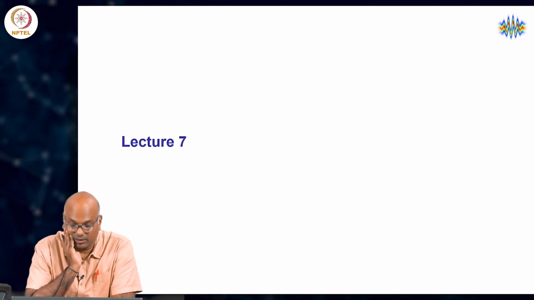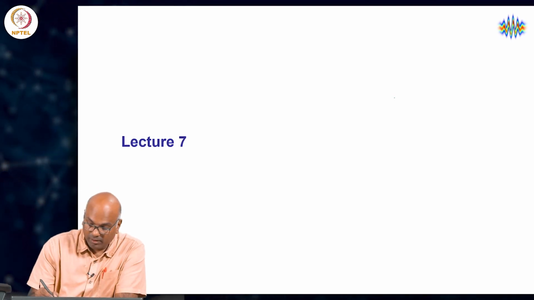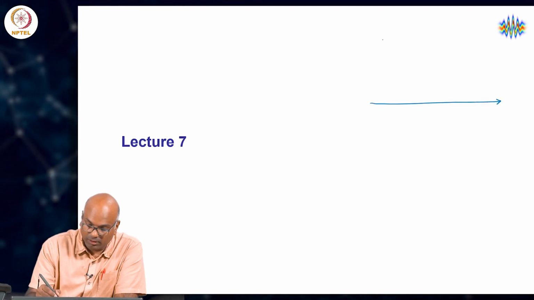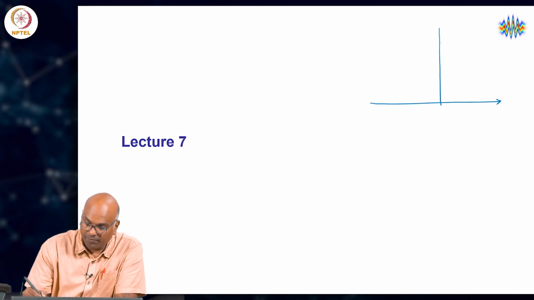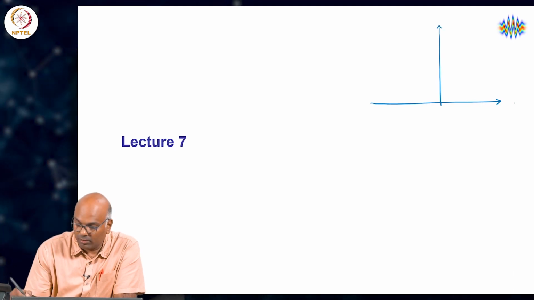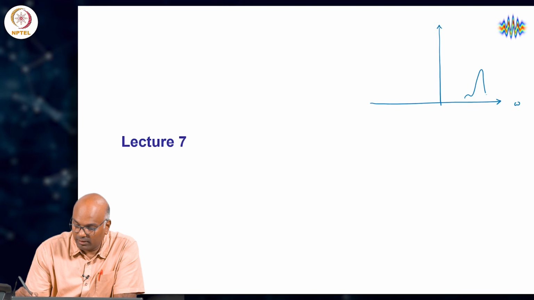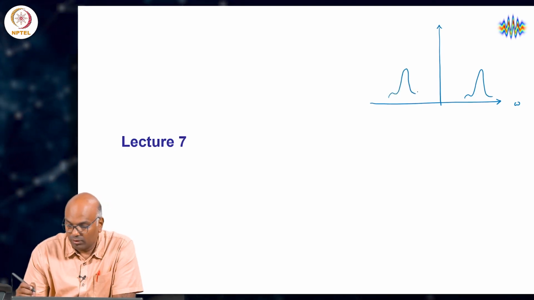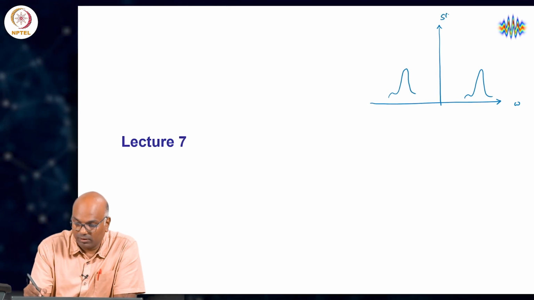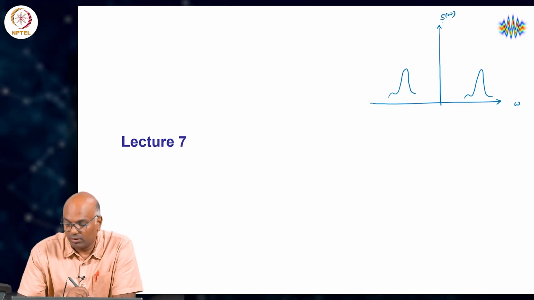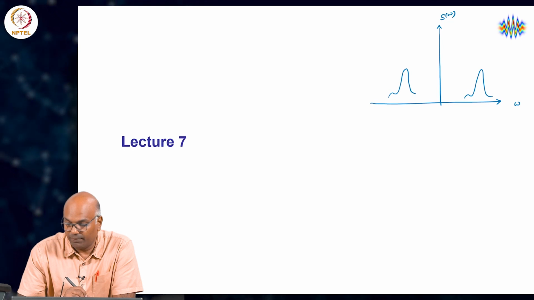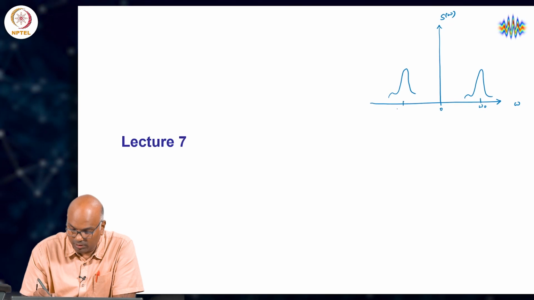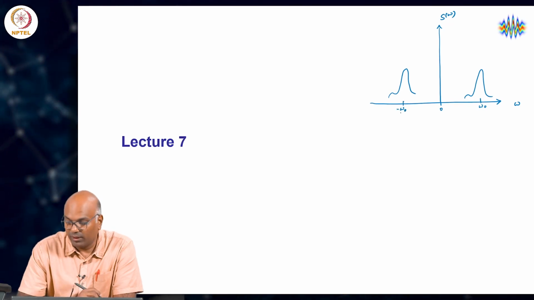So, Pratik's question is that in the frequency domain, our description of whatever was happening had two pieces of a function like that, where this is omega naught, this is 0, this is minus omega naught, right.